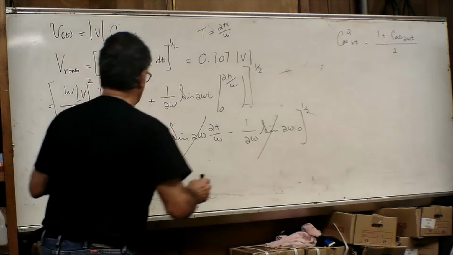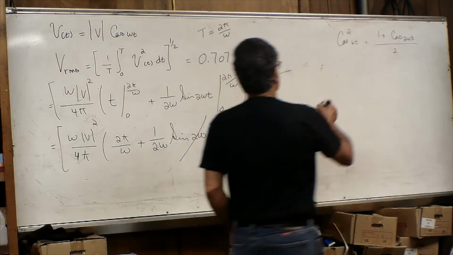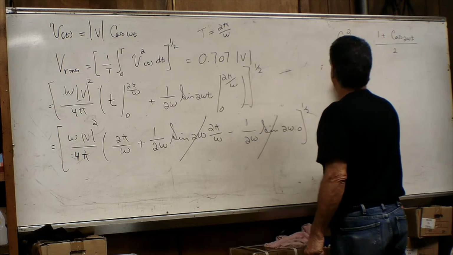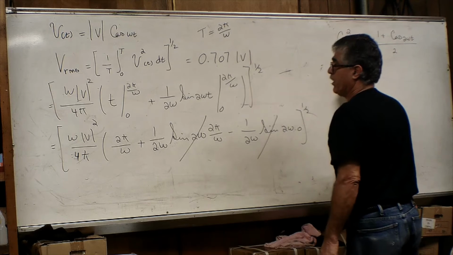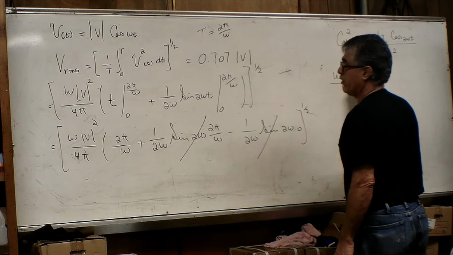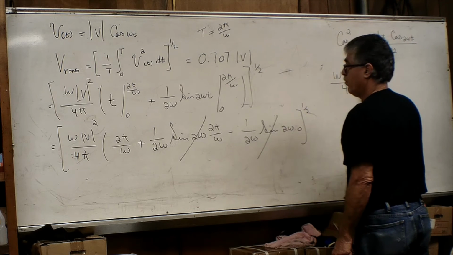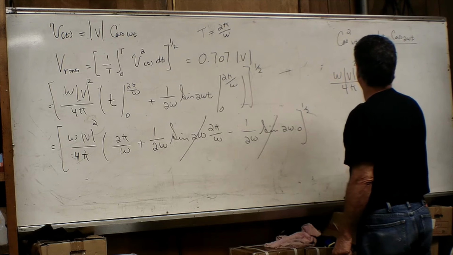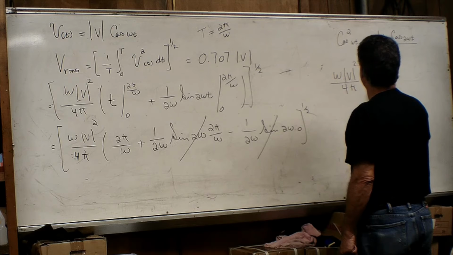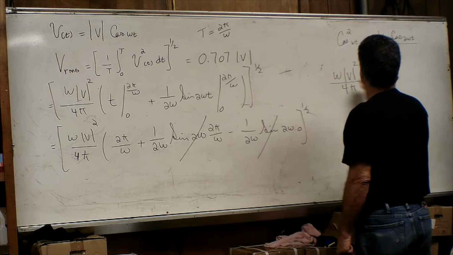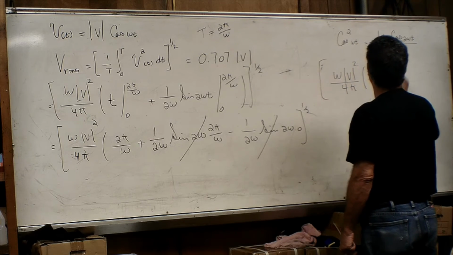So now we are going to have omega v squared divided by 4 pi multiplied by 2 pi divided by omega, the whole thing to the power 1/2.